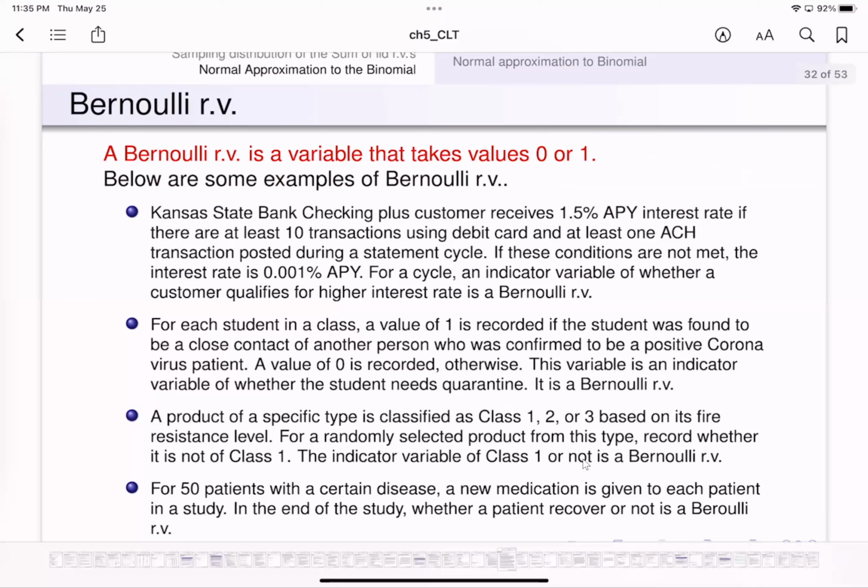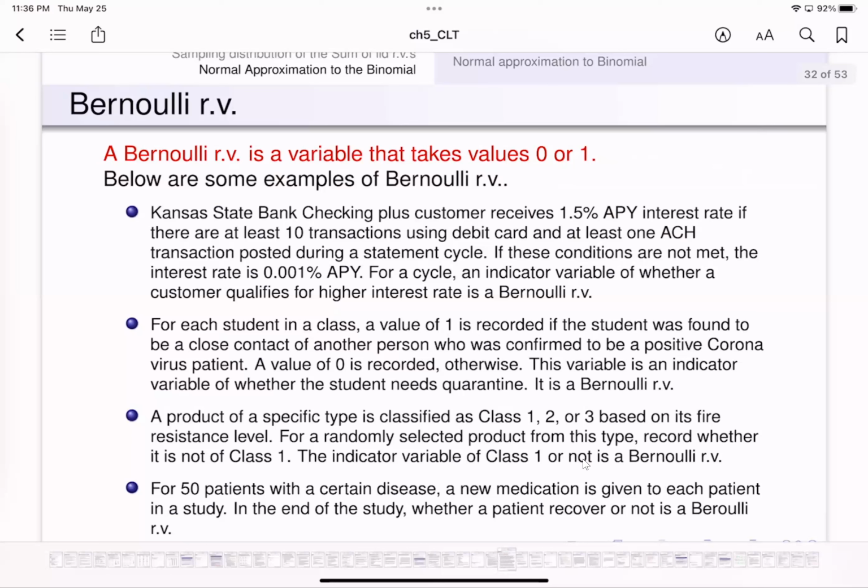The next example: a product of a specific type is classified as class 1, 2, or 3 based on its fire resistance level. For a randomly selected product of this type, record whether it is of class 1 or not. The indicator variable of class 1 or not class 1 is a Bernoulli random variable.